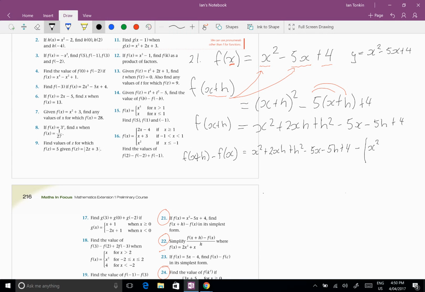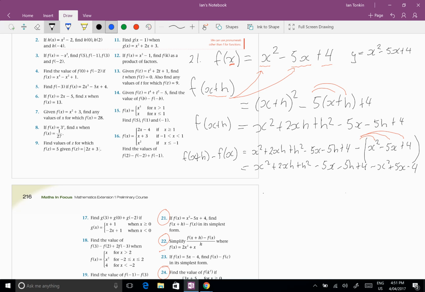And f of x is x squared minus 5x plus 4. So now, when I pull the parentheses away, x squared plus 2xh plus h squared minus 5x minus 5h plus 4. And when I get this bit here, these will come out and I'll have minus x squared minus 5x plus 5x and minus 4.